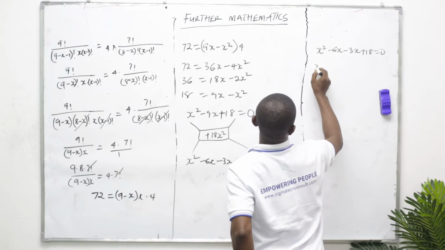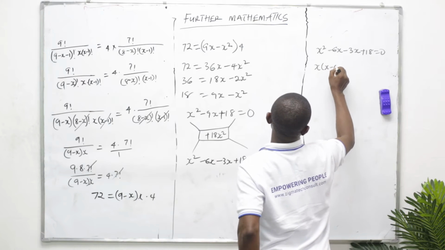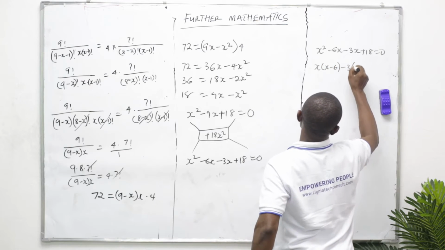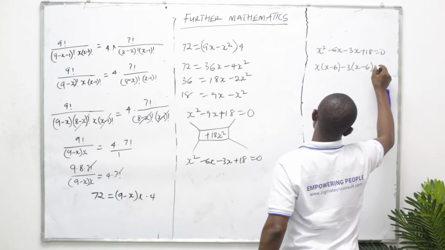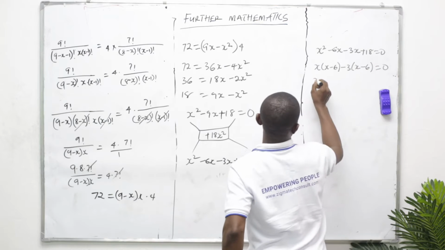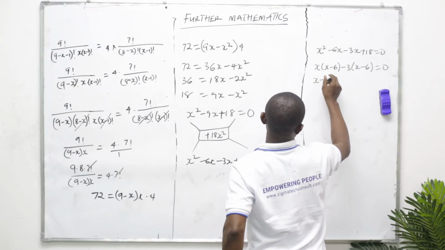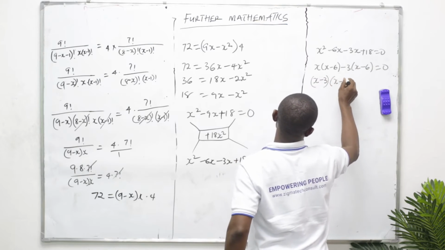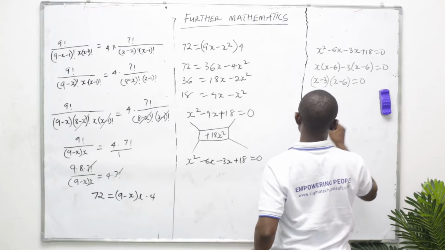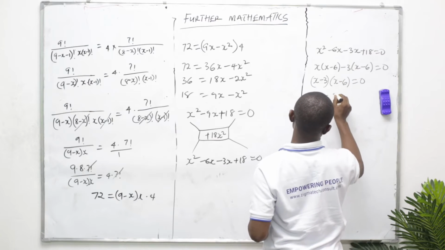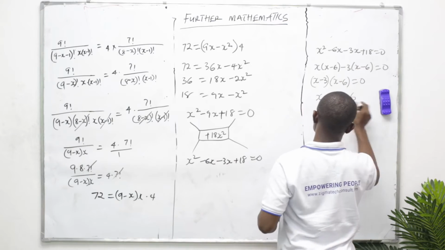So equals what? This s into s minus 6 minus 3 into s minus 6 all equal to 0. I will have s minus 3 or s minus 6 equals 0. Therefore, s is 3 or 6.